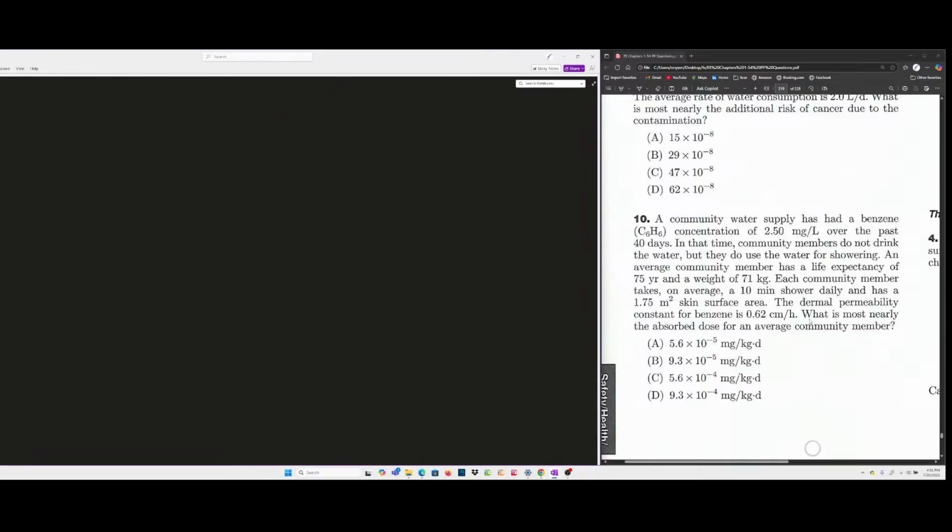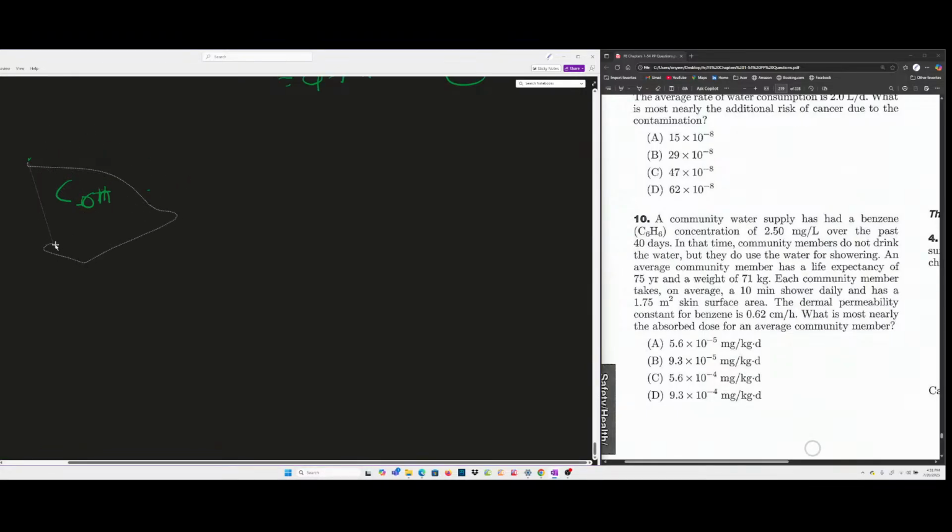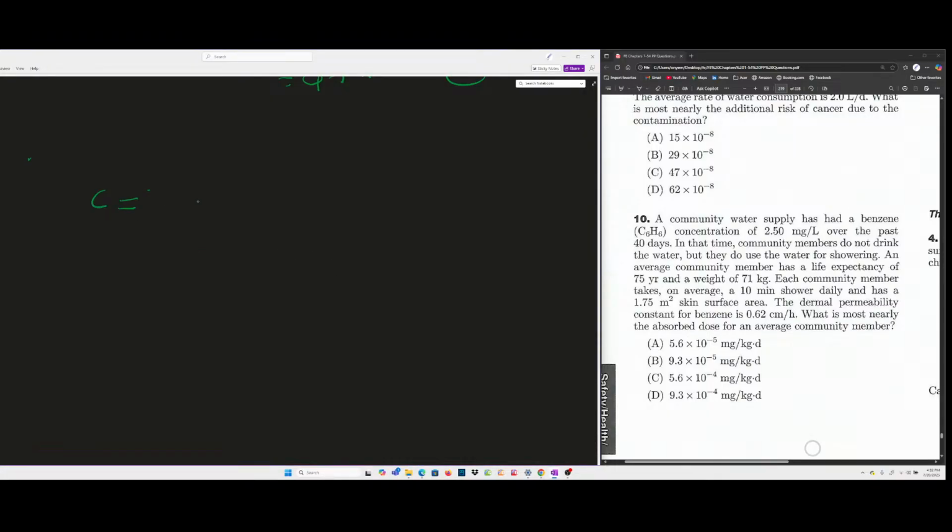So our next question is: a community water supply has a benzene concentration of 2.5 milligrams per liter. So we have C6H6, benzene, with a concentration of 2.5 milligrams per liter.